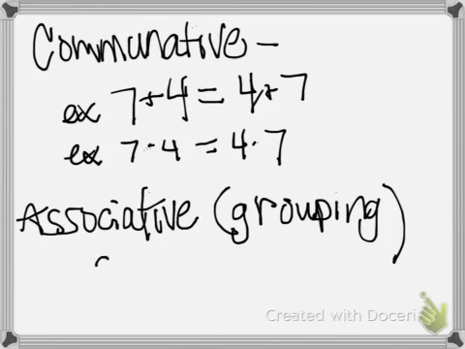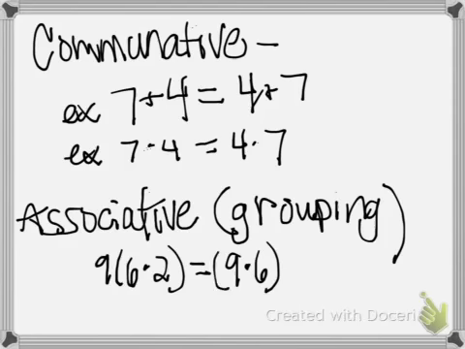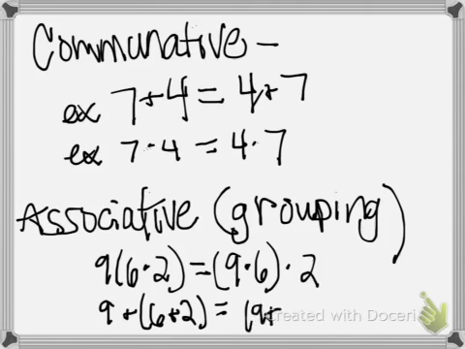So 9 times 6 times 2 is the same as 9 times 6 times 2. Or 9 plus 6 plus 2 is the same as 9 plus 6 plus 2.